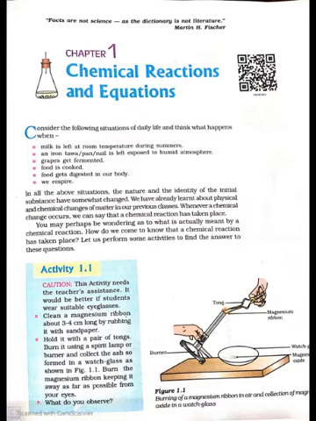Page number 12. What causes this? The white precipitate of BaSO4 is formed by the reaction of SO4 2- and Ba 2+. The other product formed is sodium chloride, which remains in the solution. Such reactions in which there is an exchange of ions between the reactants are called double displacement reactions.